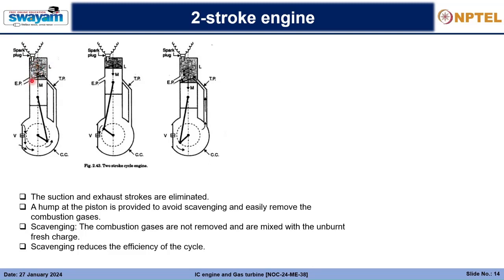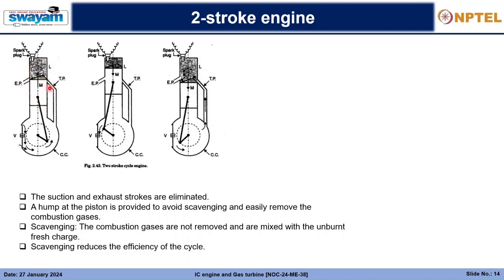We know that. As the piston is now moving downwards, the exhaust port is first opened up, because when the piston comes down, the piston is not covering this port, and the gases are now free to move out here.